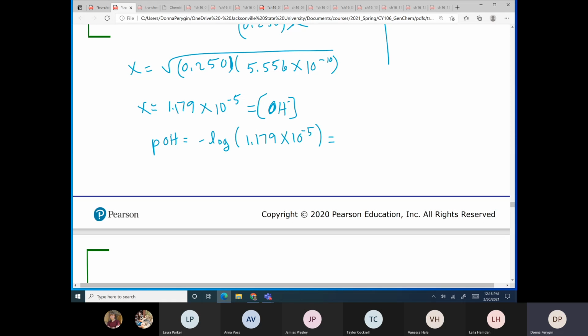That gives me 4.928. And so the pH is going to be equal to 14 minus that.